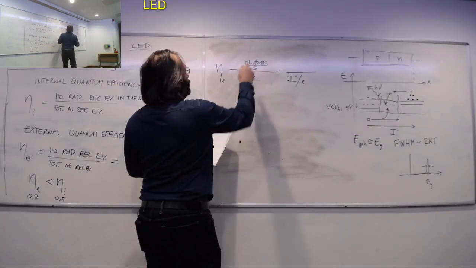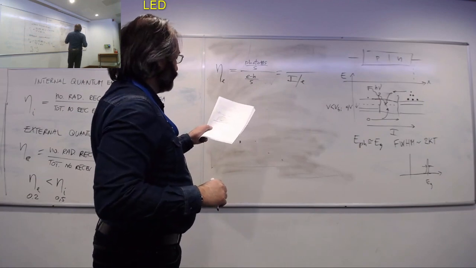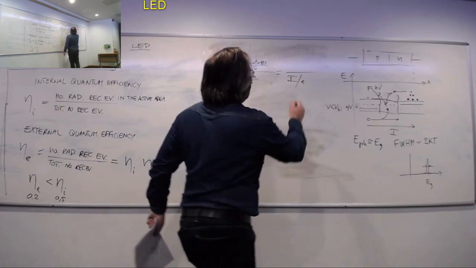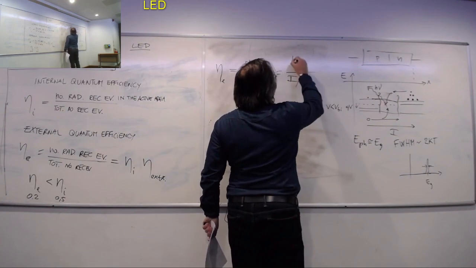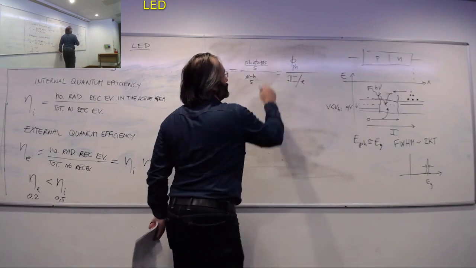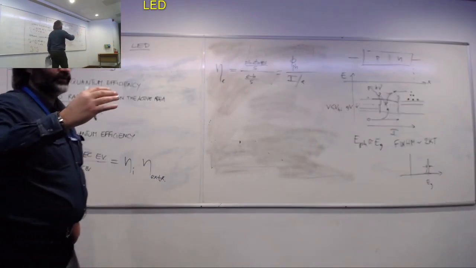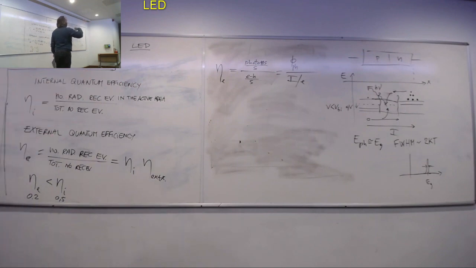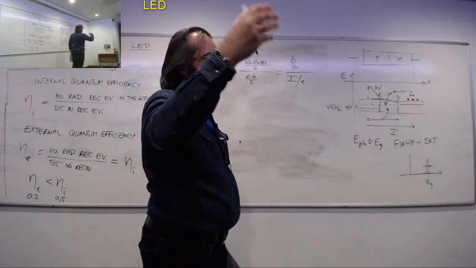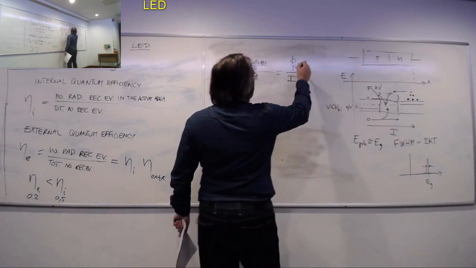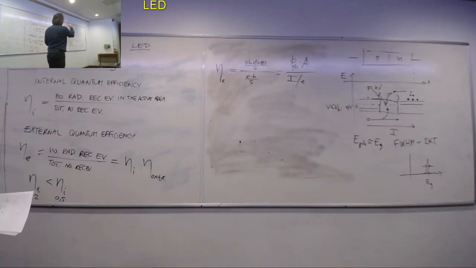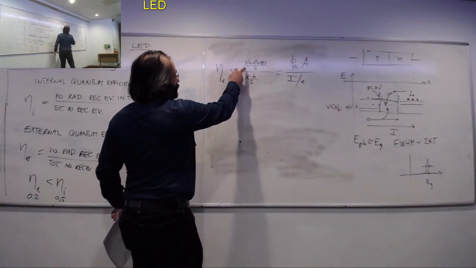And for the number of photons per second, I can write it as the photon flux. Remember, the photon flux is the number of photons, in this case emitted, per square centimeter, per unit area per unit second. So I need to multiply by the active area, or the emitting area, in order to make it photons per second.